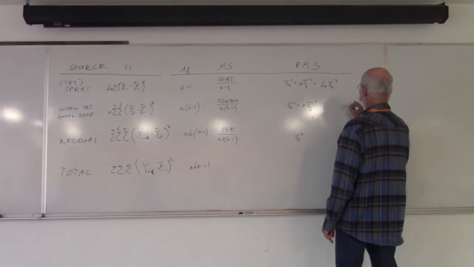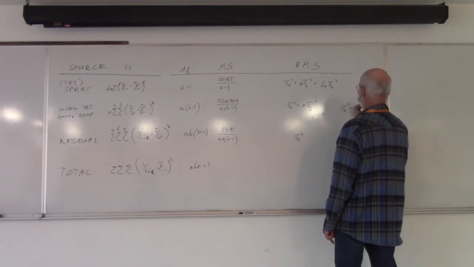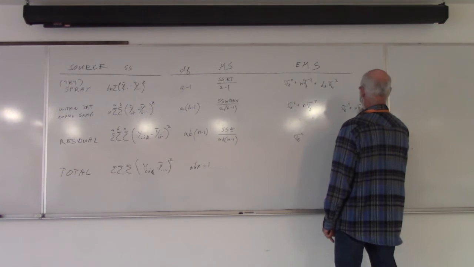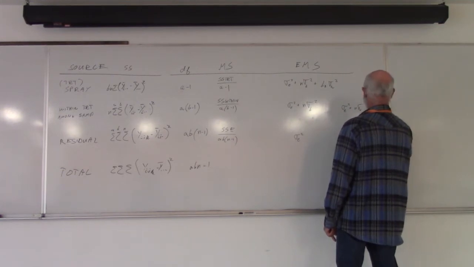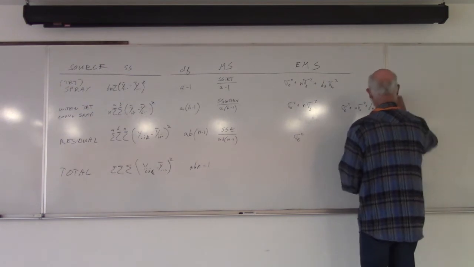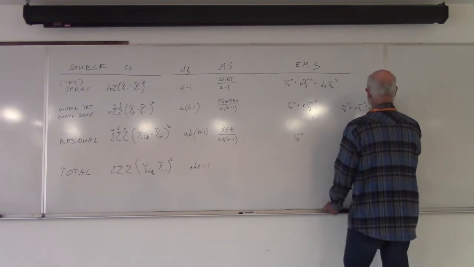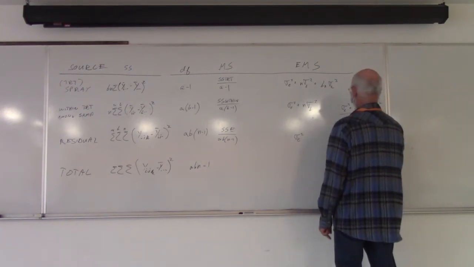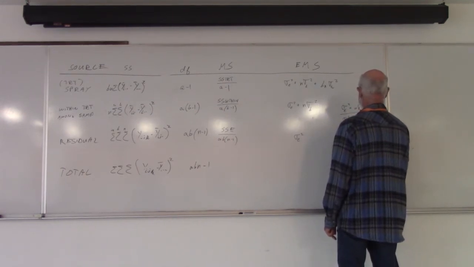Then you get sigma E squared plus n sigma B squared plus Bn sigma A squared, divided by sigma E squared plus n sigma B squared.